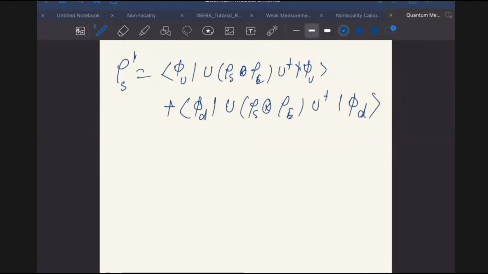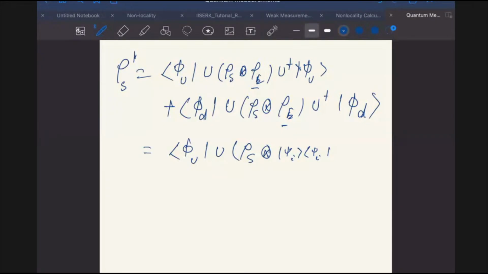And if I assume for generality that the environment is in some pure state, say some ψ_I, the whole state I'm writing down, I can assume it to be a pure state.